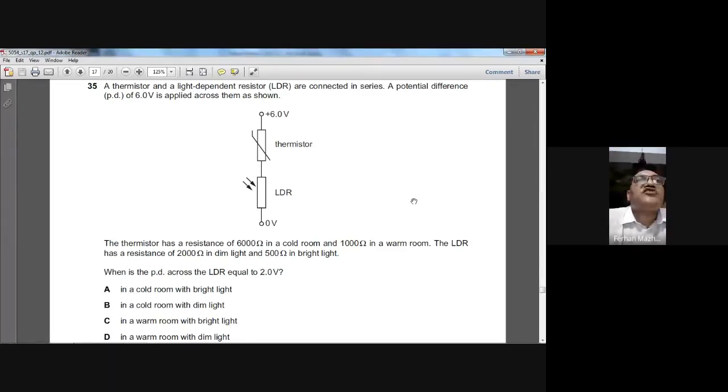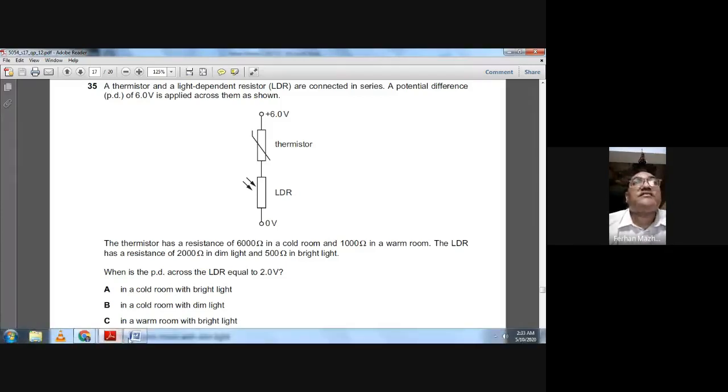The thermistor has a resistance of 6,000 ohm in a cold room and 1,000 ohm in a warm room. The LDR has a resistance of 2000 ohm in dim light and 500 ohm in bright light. When is the potential difference across the LDR equal to 2 volt? Okay, remember these conditions. It's a tricky question.